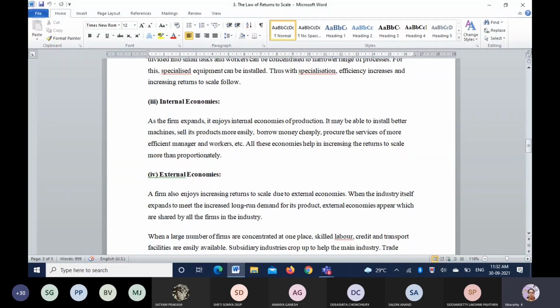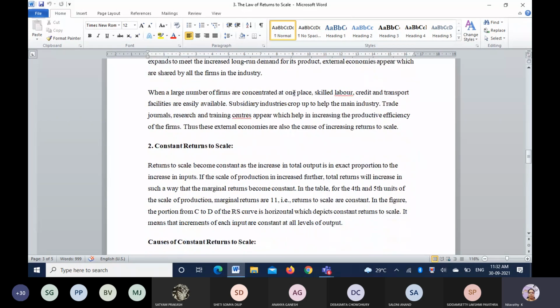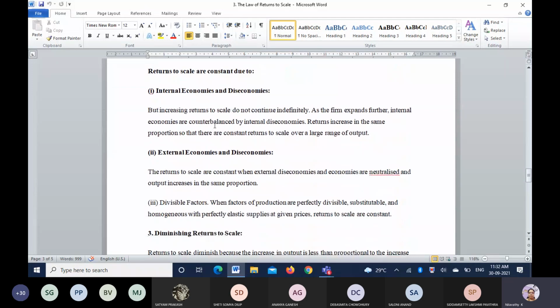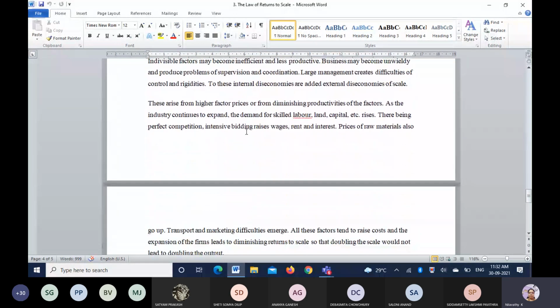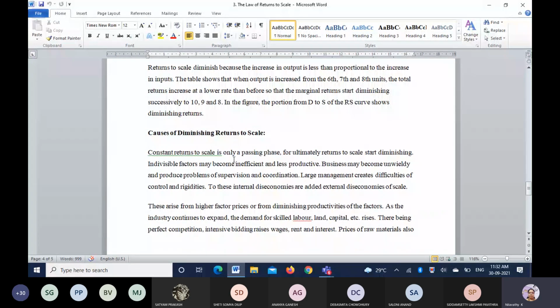So that is the reason why there is constant returns to scale also. If economies and diseconomies are equally spread over, then there will be constant returns. And if there is a diseconomy, that will lead to diminishing returns. So that is what they have explained.